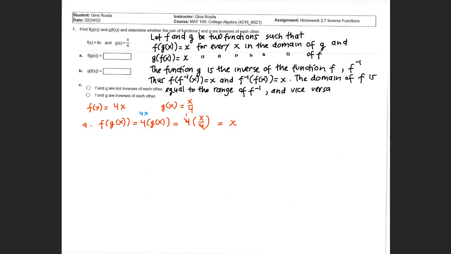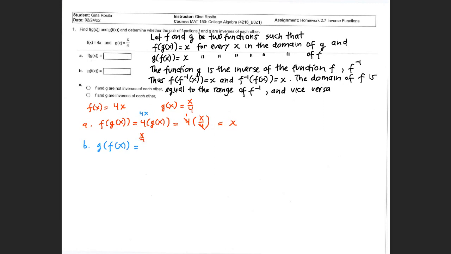Now, B. Find g of f of x. Look at the function g of x, I just put on the top a small thing, x over 4, like this. Okay?